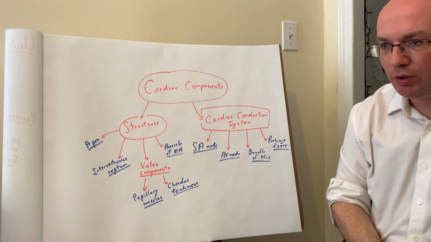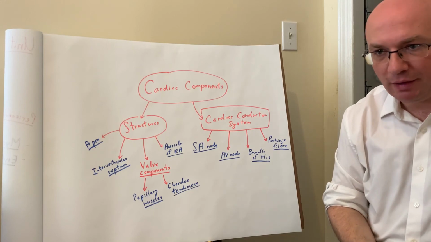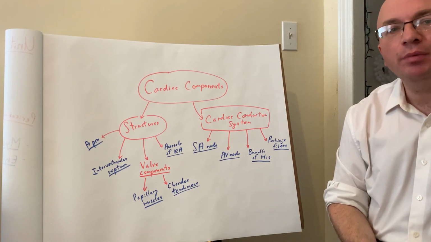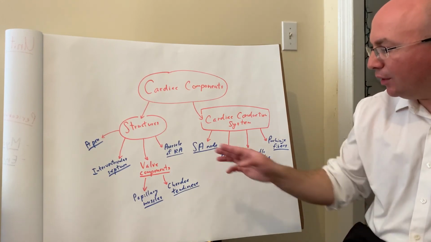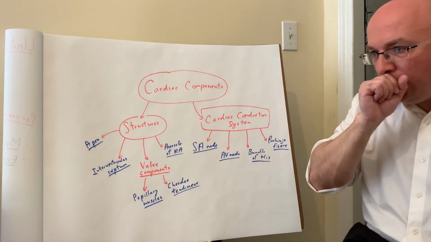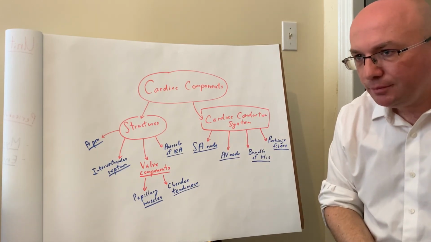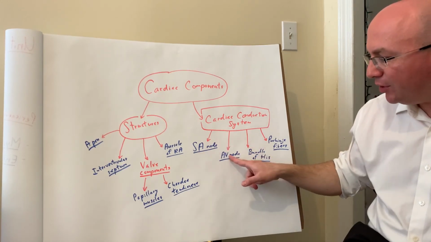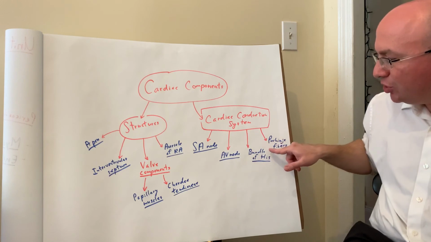Again, this is obviously a considerable oversimplification of this complex process, but what we need to remember is that there are 4 steps, 4 separate areas. The electrical signal starts at the main pacemaker, the SA node, goes to the AV node, goes to the bundle of His, goes to the Purkinje fibers.